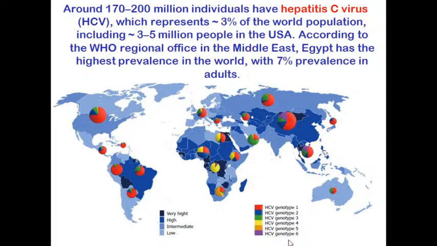Mainly you can see that in North America, in Russia, almost everywhere, genotype 1 is the most common. The second rate is genotype 3.